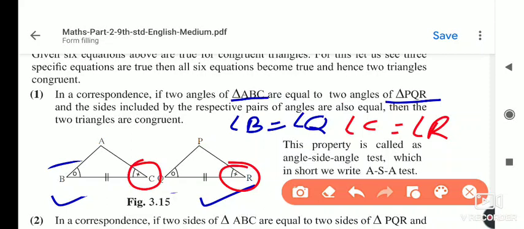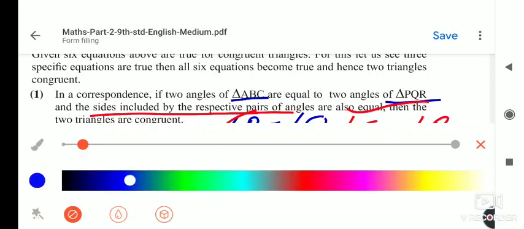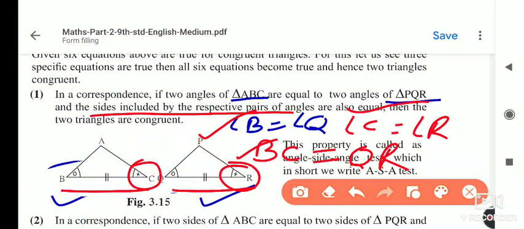And they also told you the side included by the respective pair of angles. B and C include which side? BC. And Q and R include which side? QR. And here BC is equal to QR. So what I have shown you: angle B is equal to angle Q, BC is equal to QR, and angle C is equal to angle R. From this, we use short forms: A for angle and S for side.